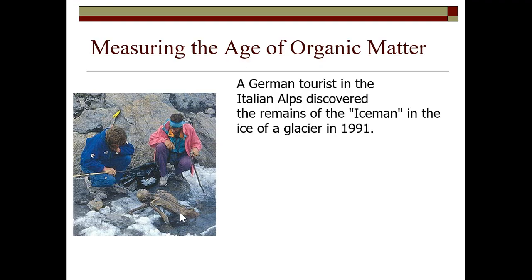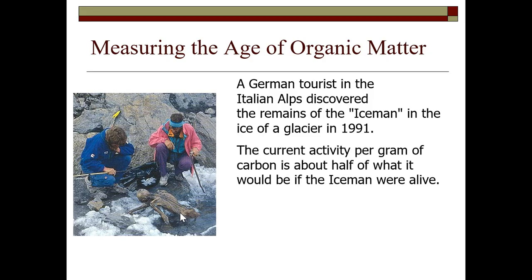They looked at the Iceman's chemical makeup, and they noticed that the amount of carbon-14 inside the Iceman was about half what it would be if he were alive today, meaning that in the time that he has been expired, he was perpetually decomposing carbon-14 into nitrogen-14.